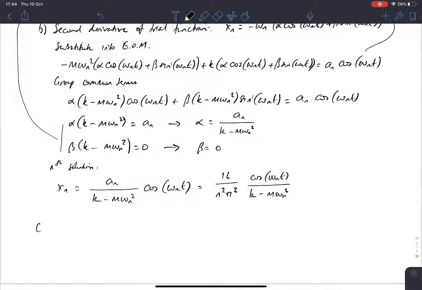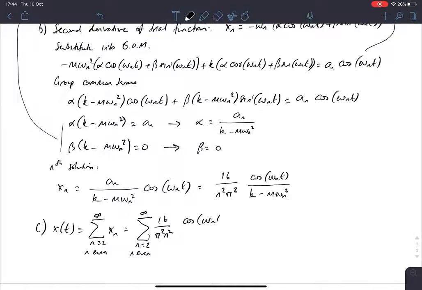And so for part C, what's the complete solution? Well, x of t is the sum from n equals 2 to infinity, where n is even, of x n. And so that's the sum, n equals 2 to infinity, where n is even, of 16 divided by pi squared n squared, cosine omega n t divided by k minus m omega n squared.